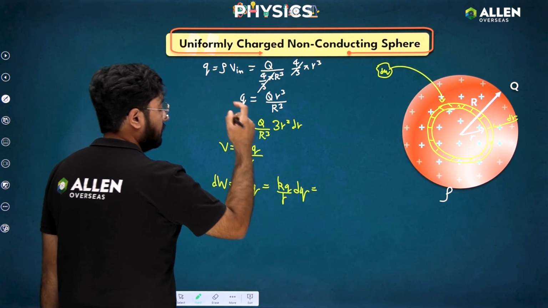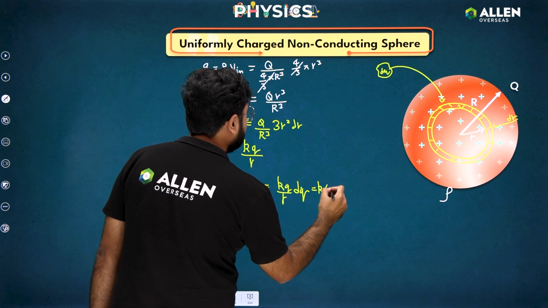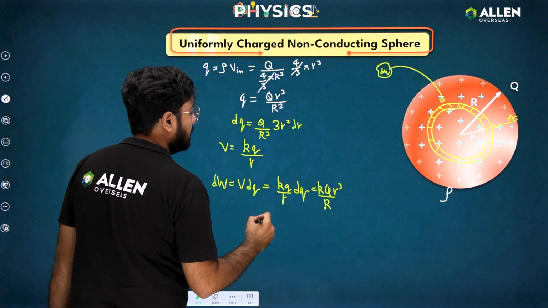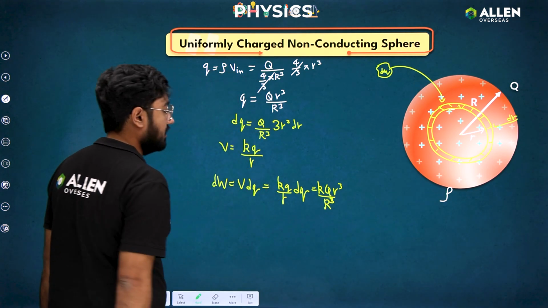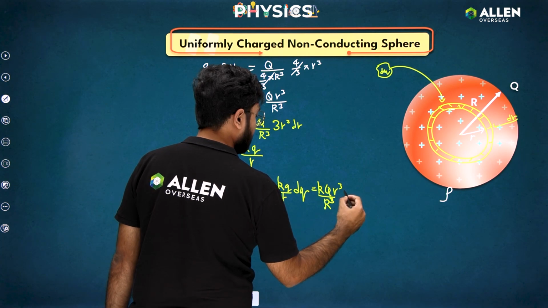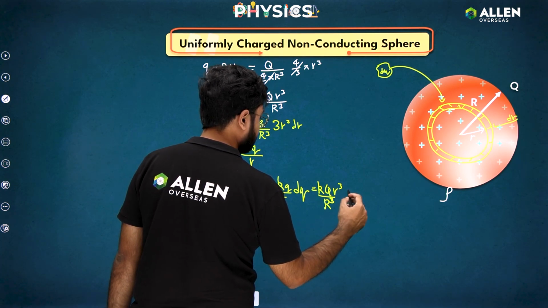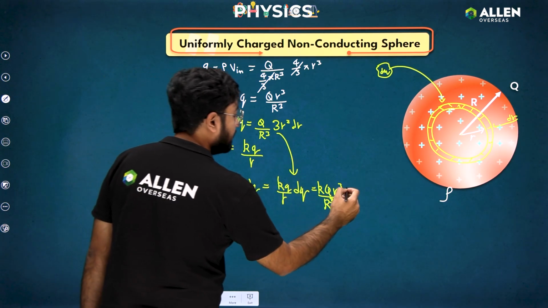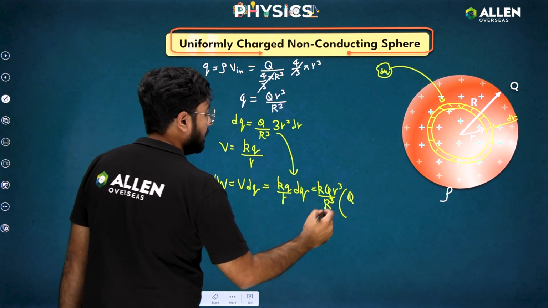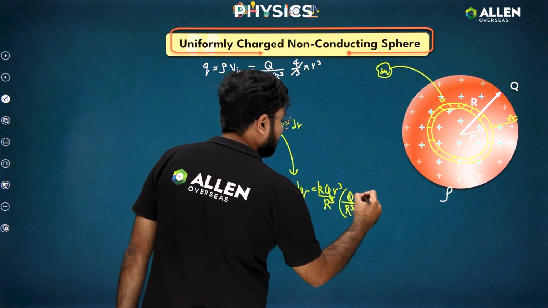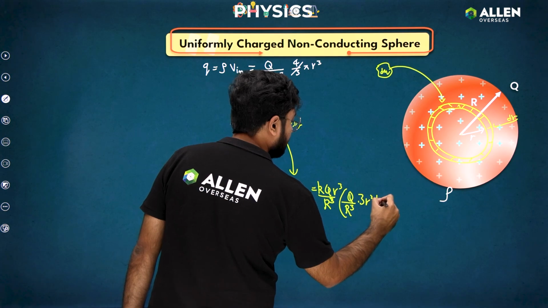What is q? That is q r cubed over R cubed. And what is dq? dq will remain as it is. So this thing will be q over R cubed times 3r squared dr.